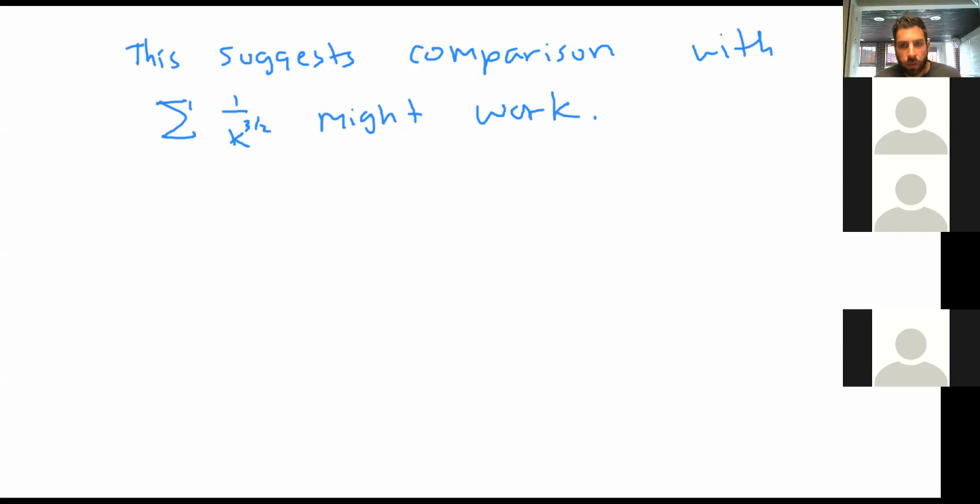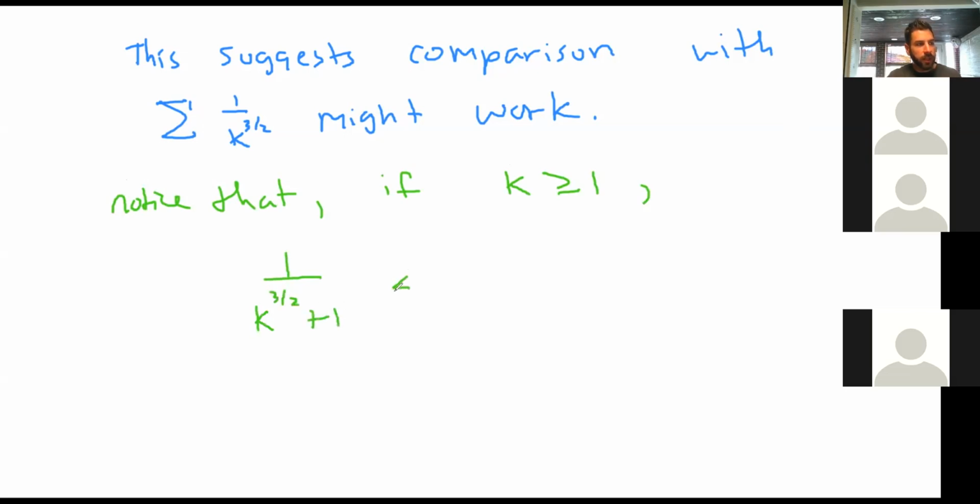And what I'm going to do is switch colors, switch to green. So here's what we want to notice. If K is greater than or equal to 1, then 1 over K to the 3/2 plus 1 is less than or equal to 1 over K to the 3/2. Now, if you can't see that, that's fine.